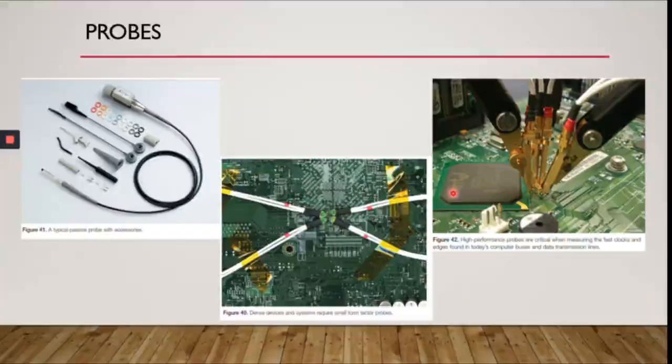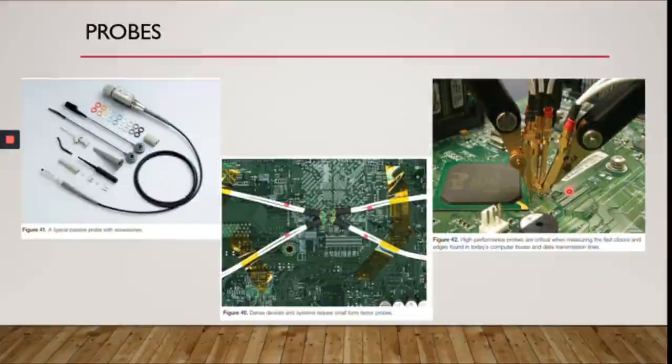Now these 2 figures represent a specific application where you require customized probes. For example, if you want to measure a motherboard or an electrical circuit, the components and the locations are very small, so you require a very precise probe to measure.